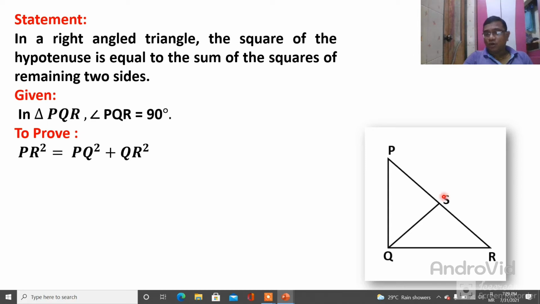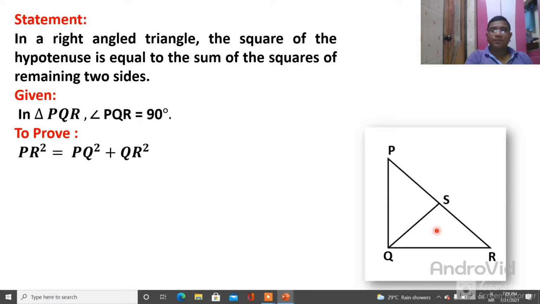Because when you draw QS perpendicular on PR, this triangle is a right angle triangle, this triangle is a right angle triangle, and the main triangle is also a right angle triangle. So there are three triangles, 1, 2 and the main triangle PQR. All three triangles are right angle triangles. So by the right angle triangle similarity theorem, we can show these three triangles are similar.